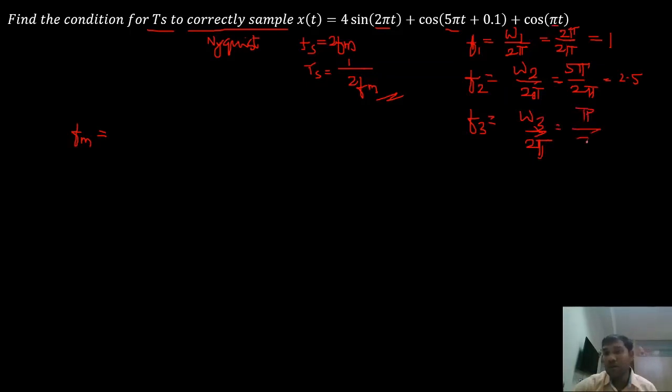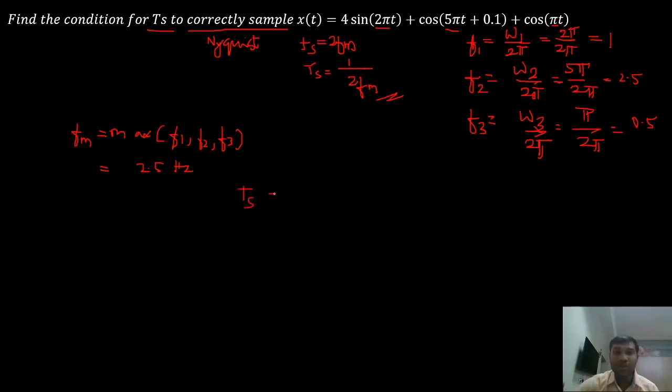Pi by 2 pi is 0.5. So Fm is the maximum of F1, F2 and F3, however many frequency components there are. Which one is the maximum here? The maximum is F2, that is 2.5. So Fm is 2.5 Hertz.